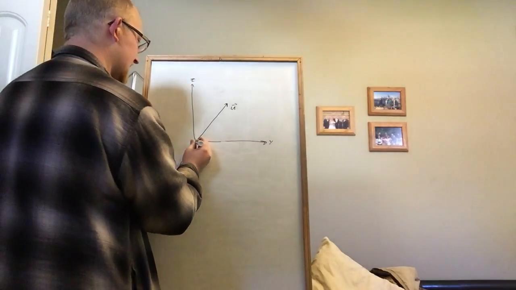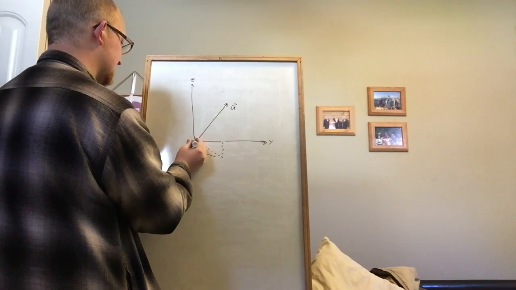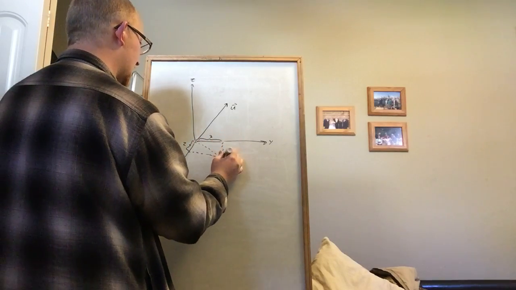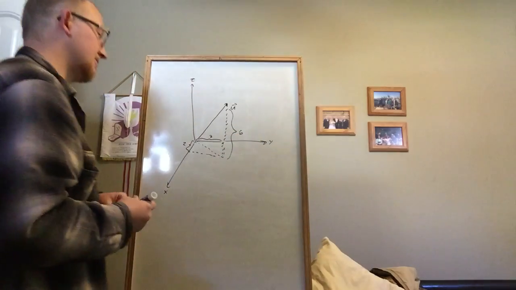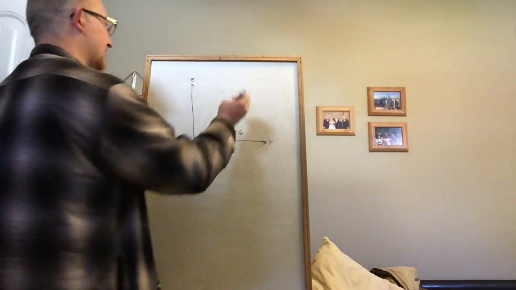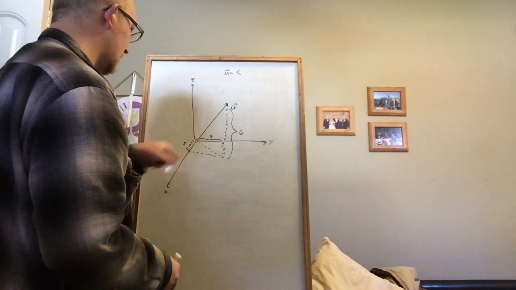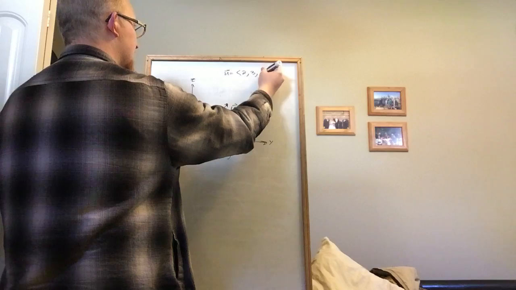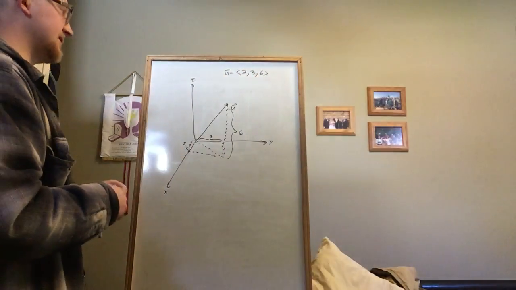Let's say it's 2 in the x, 3 in the y, and let's say it's 6 in the k, or 6 in the z, whatever you want to call it. So what we have here is a vector u that is equal to 2 in the i direction, 3 in the j direction, 6 in the k direction.